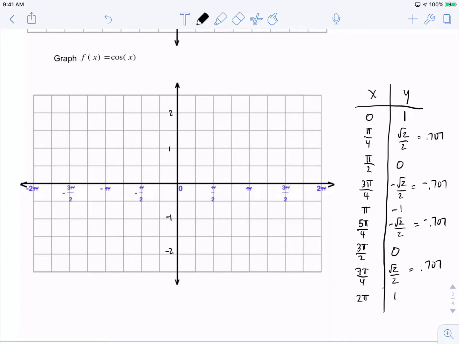So when I go to plot this, I'm not going to plot all these points, obviously. I'm going to pick ones that are simple. Like 0, 1, that's an easy one to pick. Pi over 2 and 0. Pi and negative 1. 3 pi over 2 and 0. And then 2 pi and 1.